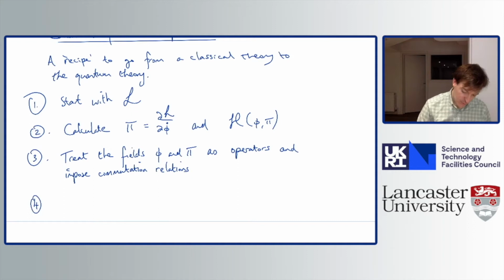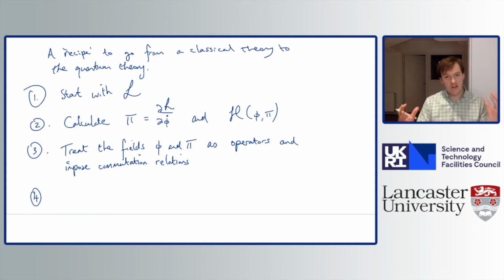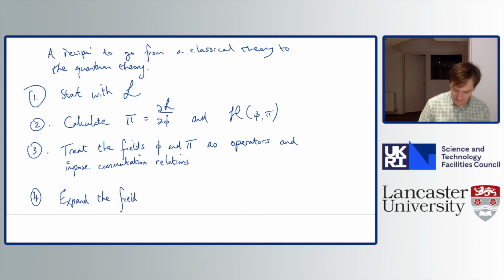So step 4. We have these fields which are now operators, and they're going to obey commutation relations. The next thing we want to do is to expand our fields in terms of these creation and annihilation operators that we've just been considering.